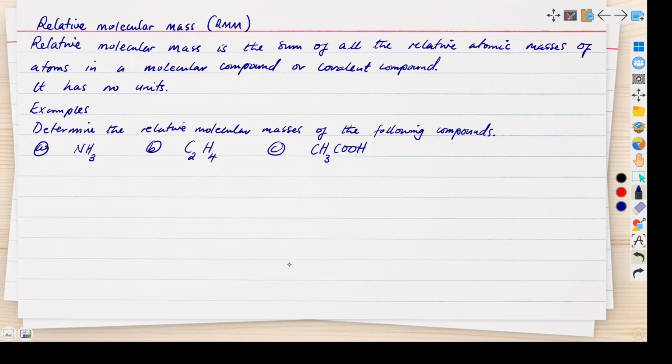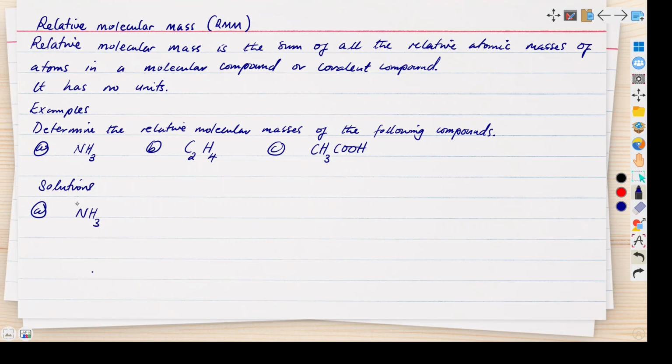Now let's go quickly to solutions. The process is just the same. For A, we are looking for the relative molecular mass of NH3. This is ammonia, a molecular or covalent compound. We'll determine the relative atomic mass for each atom. Here we have nitrogen and hydrogen.